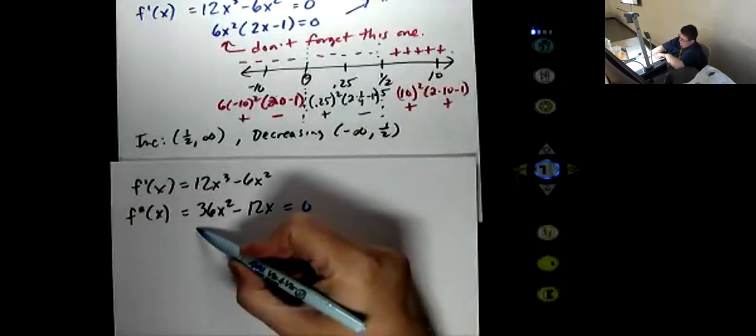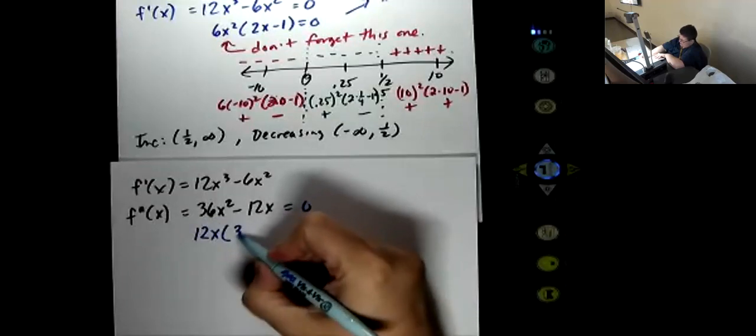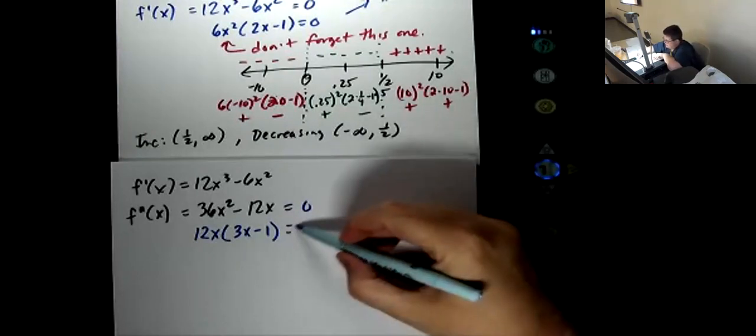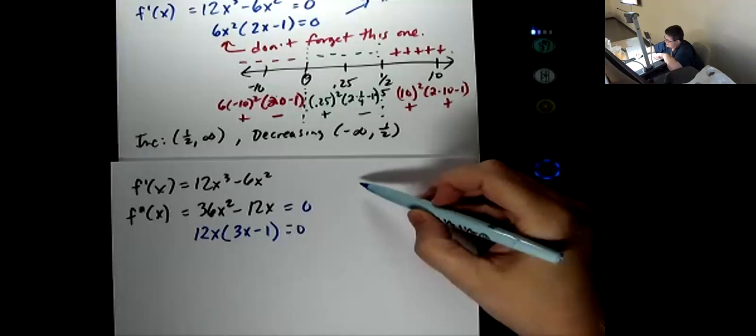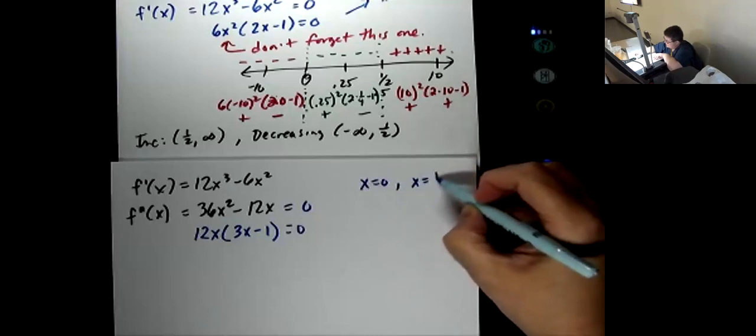Both of those numbers are divisible by 12 and x. And that should leave a 3x minus 1. So my critical points are x equals 0 and x equals 1/3.